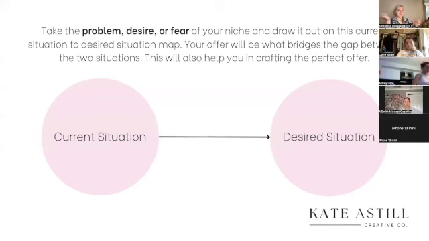Something else that I'll say here, which might be a bit controversial, is that you may not necessarily need to know what your offer looks like or what content you're going to be putting out in your offer.